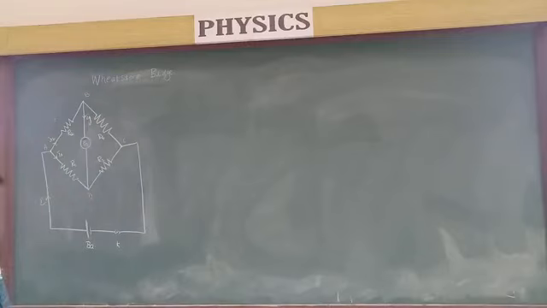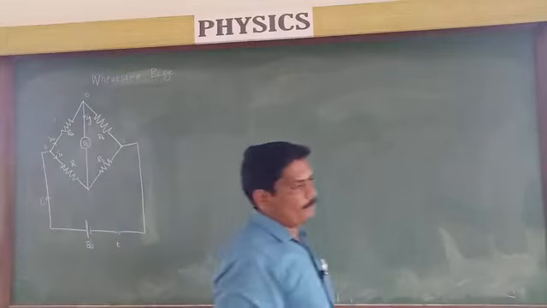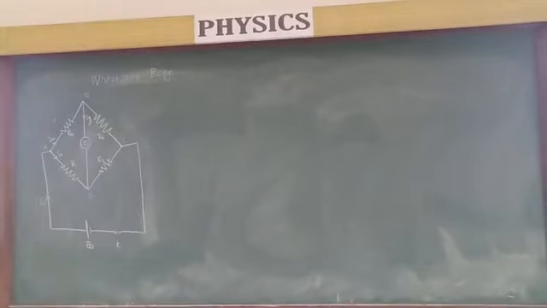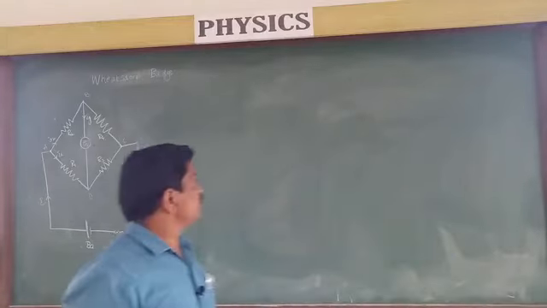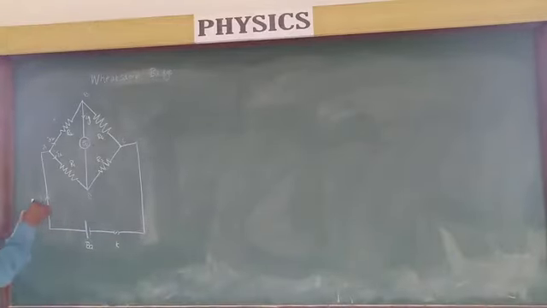At the point A, the current I enters and the current is split as I1 and I2, meaning some current flows through the resistor R1 and some current through the resistor R2. So at this point, I equals I1 plus I2.